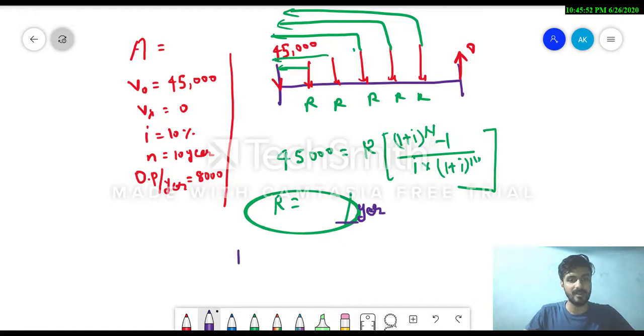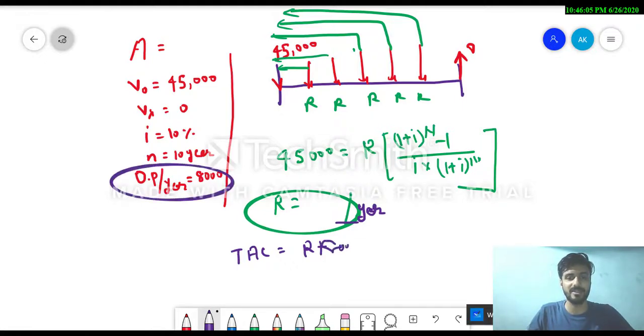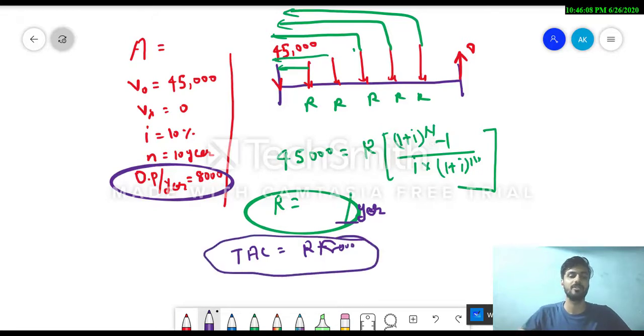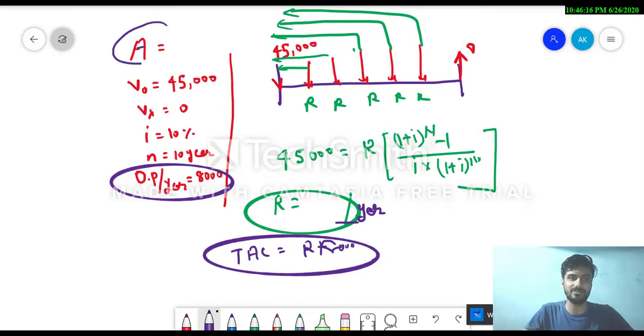Now if you want to calculate total annual cost, that is equal to R plus the annual operating cost for this asset, which is 8,000 rupees, so you can add 8,000 rupees here. The same thing you have to calculate for asset B also, and from there you can compare. The project having less annualized cost will be more attractive. Okay, that is our main concern.